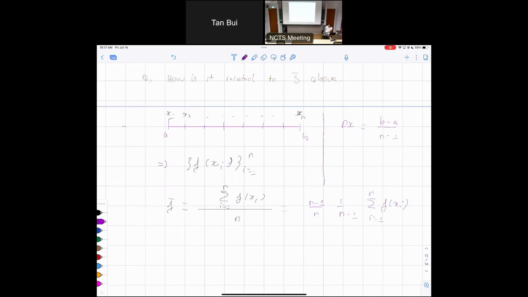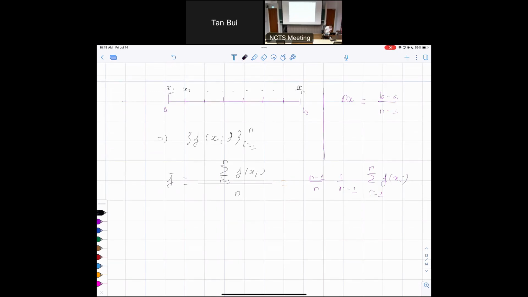I haven't done anything special yet. But this n minus 1 over n here is nothing more than delta x, right? The summation of f of xi delta x, i from 1 to n.